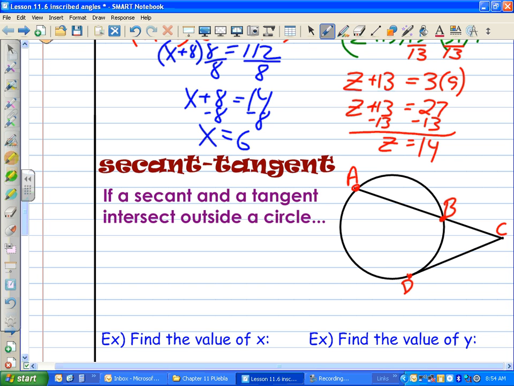You got a whole one here, and then you got part of one. Same thing, kind of. It's going to be the whole times BC. So it's going to be AC times BC. That one's still the same, kind of like the last one we did.